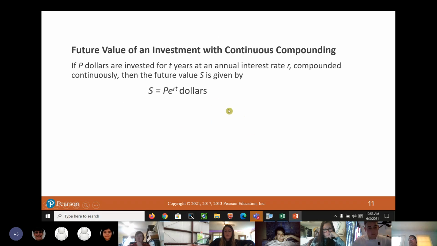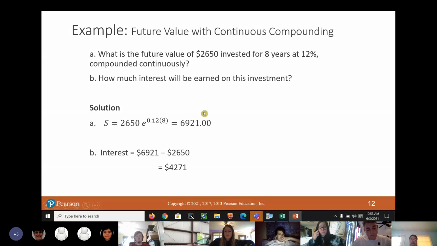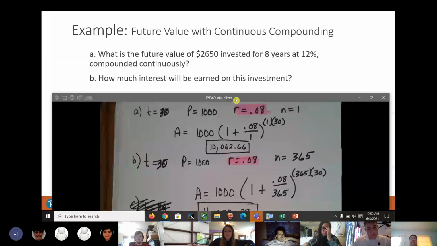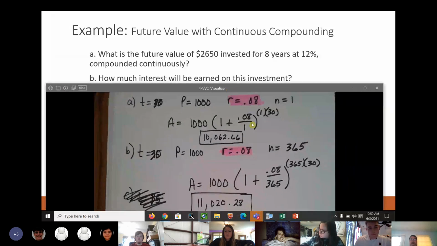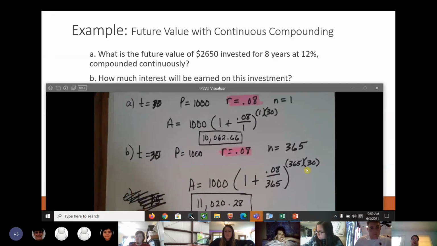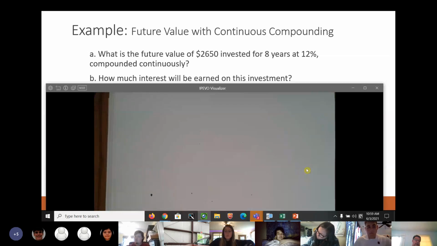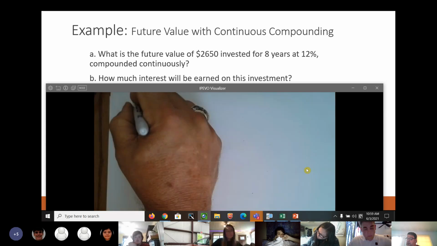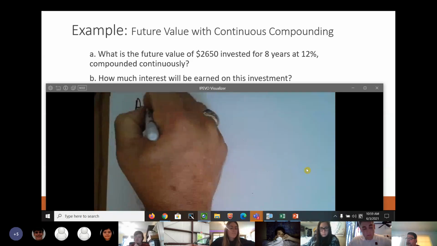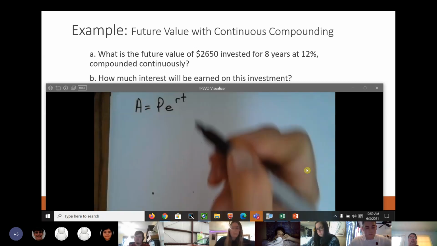Okay, here's the other question. See, that's why I showed y'all PERT. All right, try this one, because this is a test question. Told y'all I would ask y'all continuous and compound. A is equal to P-E-R-T.